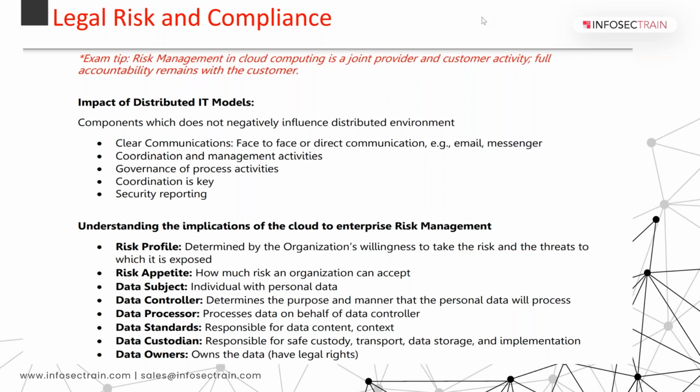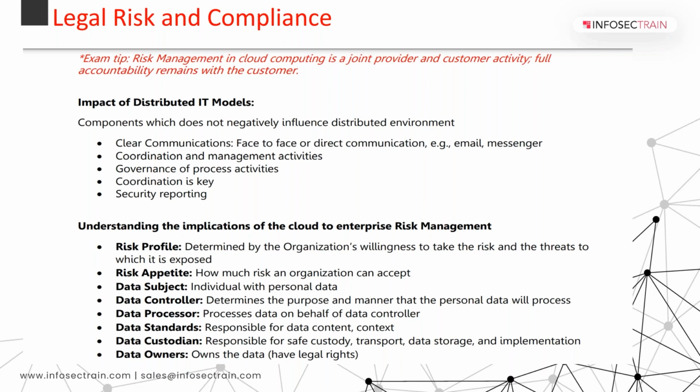So there are only a few points remaining before we get into the question and answer. I have been discussing multiple times that we should have a proper service level agreement or other documents with the cloud service provider. So how should you do the detailing of your service level agreement?